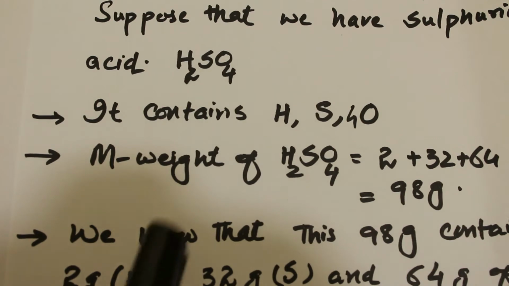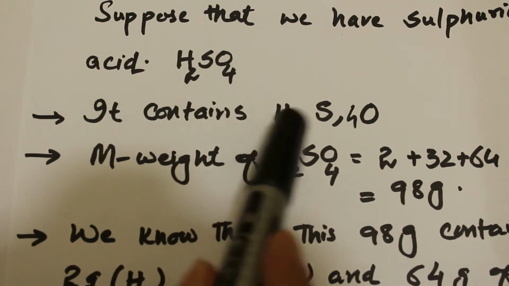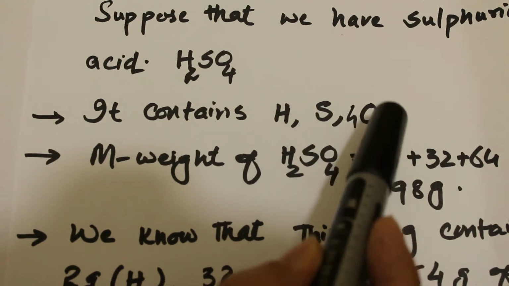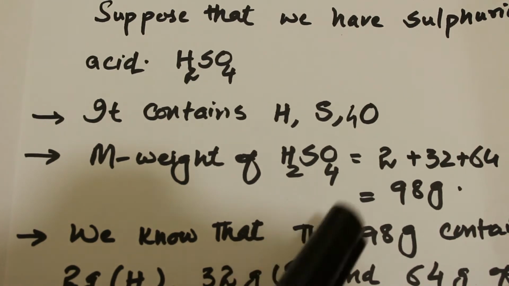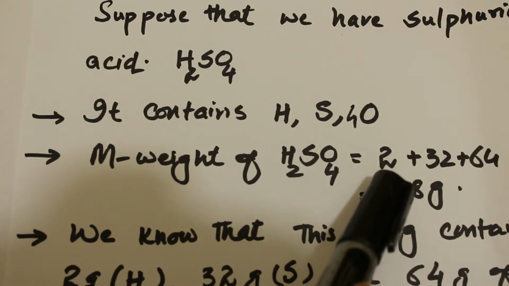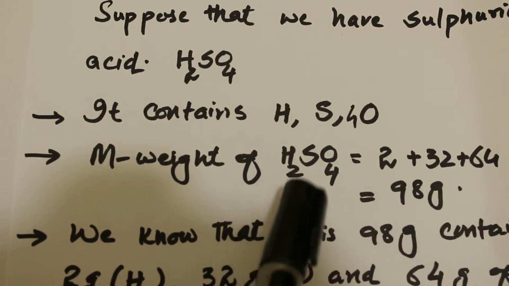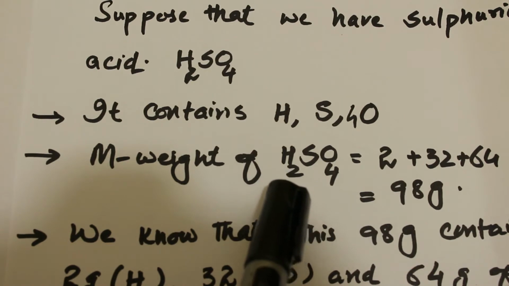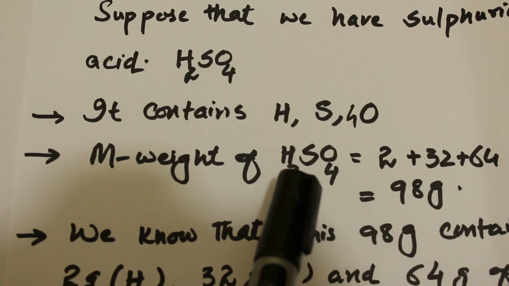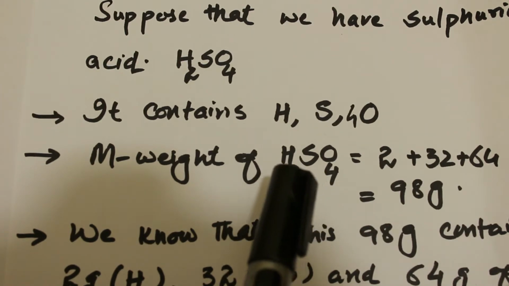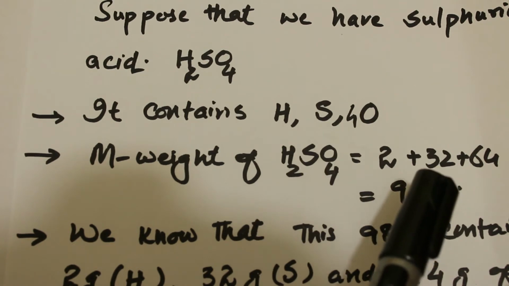Now we know that this sulfuric acid contains hydrogen, sulfur and 4 oxygen. If you want to find out the molecular weight of the sulfuric acid, then it will be something like this: 2 for hydrogens, because the atomic mass of one hydrogen is 1 AMU, so we multiply it by 2, because here we have 2 hydrogen atoms. 32 for sulfur, because the atomic mass of sulfur is 32 AMU.